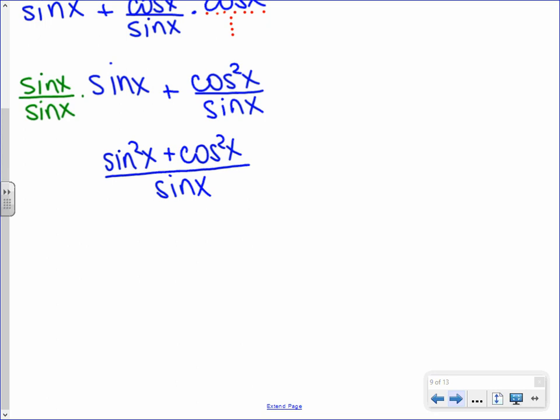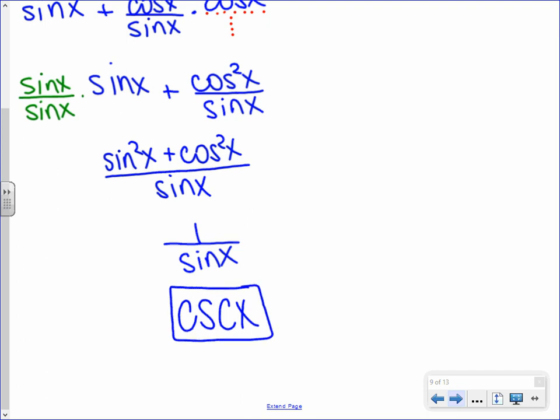So we can take this sine squared plus cosine squared and turn it into 1. Simplify, what's 1 over sine of x? Pretty cool, right?